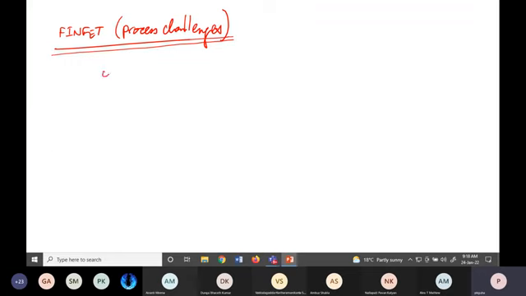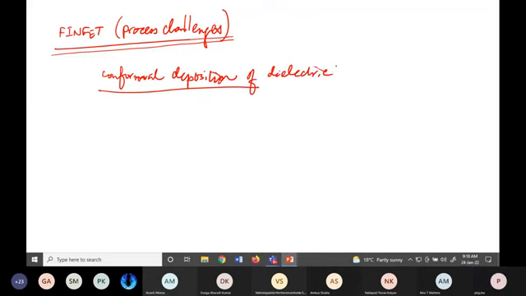So conformal deposition is important, which is not easy. Conformal deposition of dielectric and metal layer.